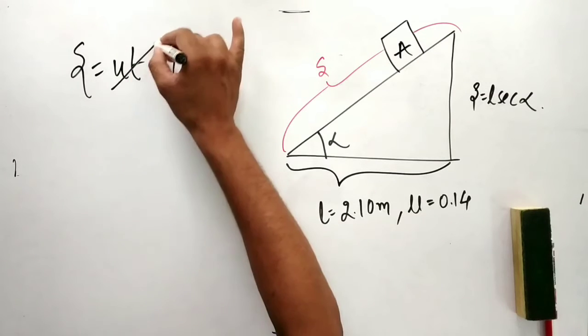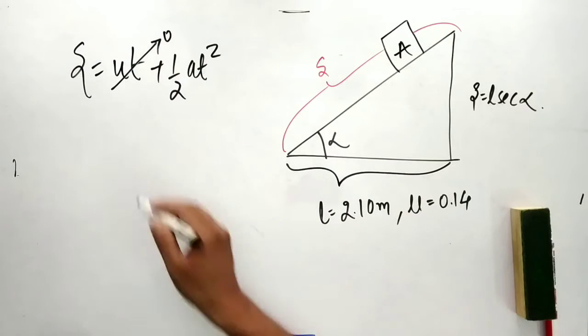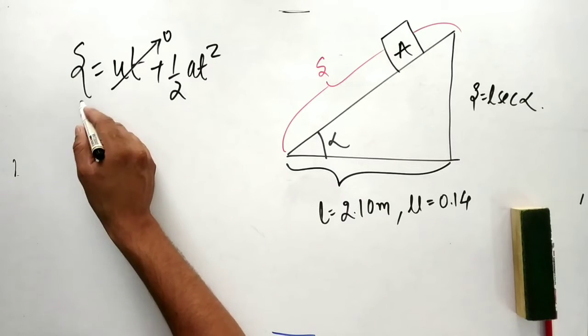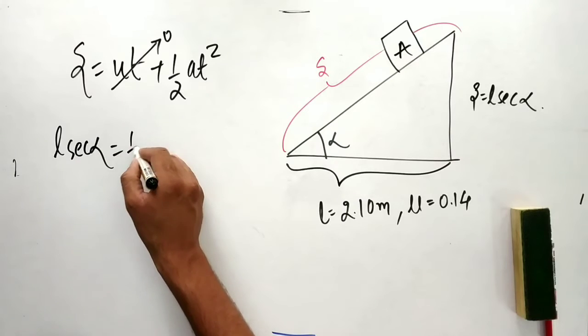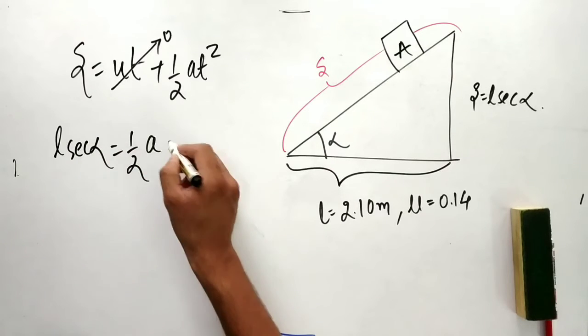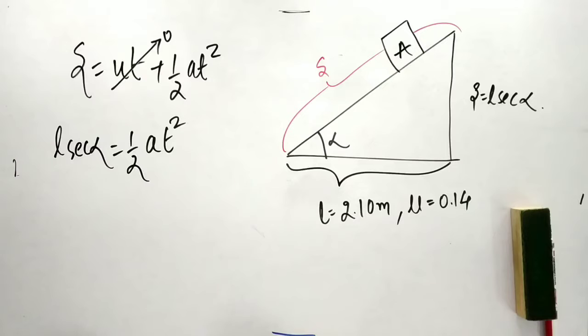It starts sliding, it is said in the question, so initial velocity is 0. S will be equal to L sec alpha equals half times the acceleration of the block into t square. Now let us talk about the acceleration of the block.